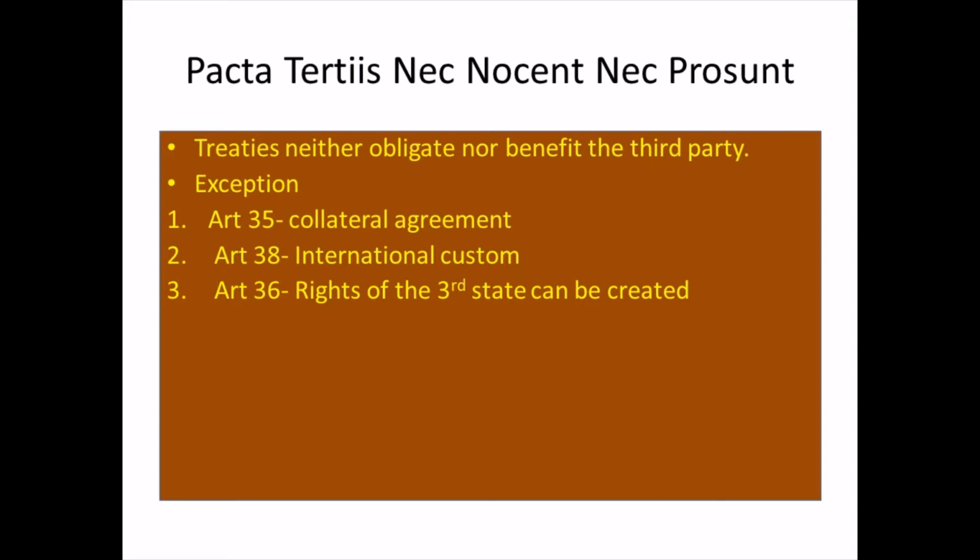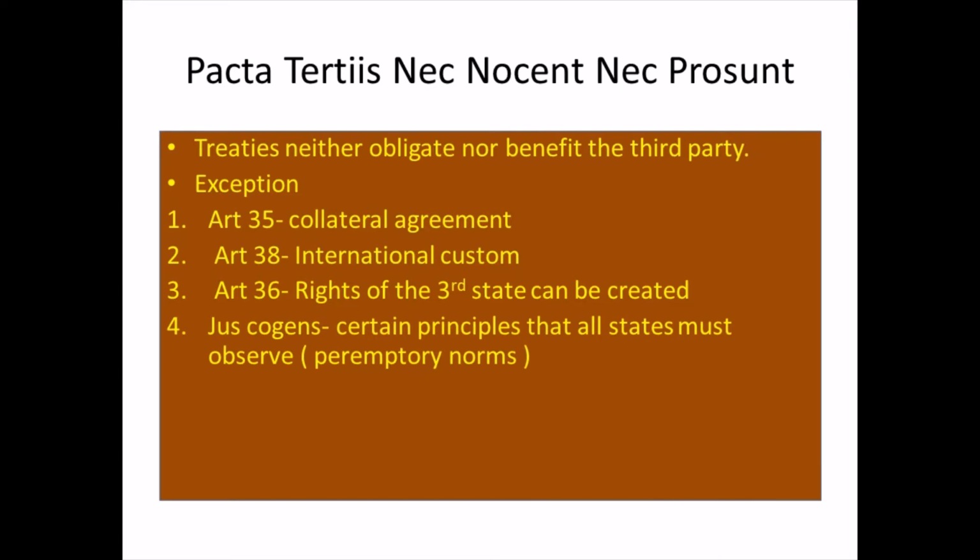They can exercise their power under Article 36, as they have the right to approach those treaties for benefits or any other obligations, though they are not a party to that treaty.